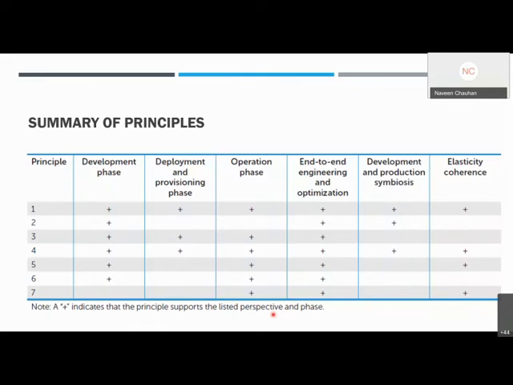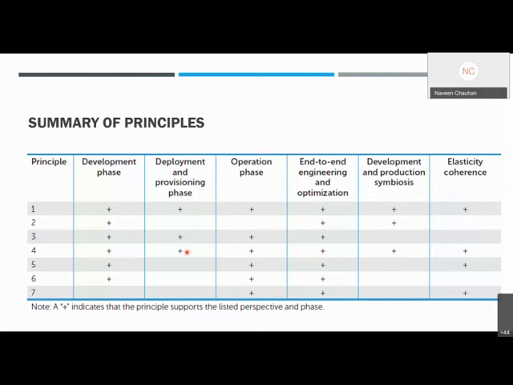And ultimately, the summary of these principles is in terms of the deployment phase: what are the principles? This plus sign indicates that the principle supports the listed perspective, and in the deployment phase, principle 1 to principle 6 are going to be used. Deployment and provisioning phase, these are some of the principles.